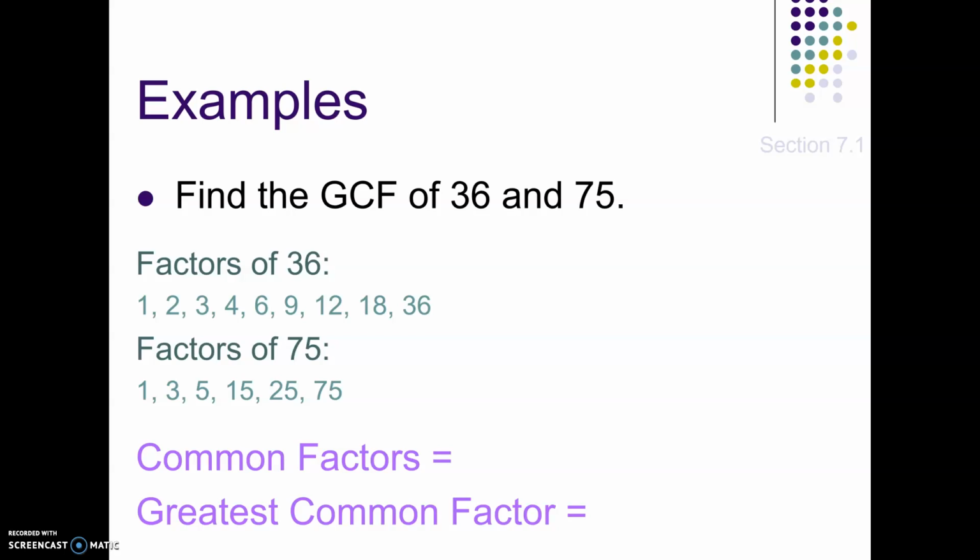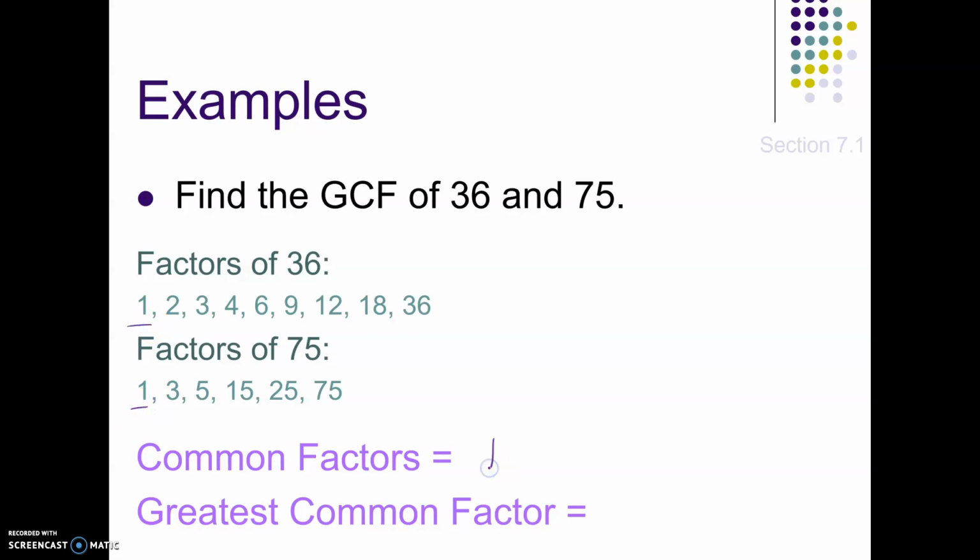To find the GCF of 36 and 75, we'll begin with looking at the factors of 36 and the factors of 75. I've listed them here to save us some time, but you could certainly generate these lists by using the table and thinking of those factors in pairs. Looking at these lists side by side, again, I'm seeing some common factors.